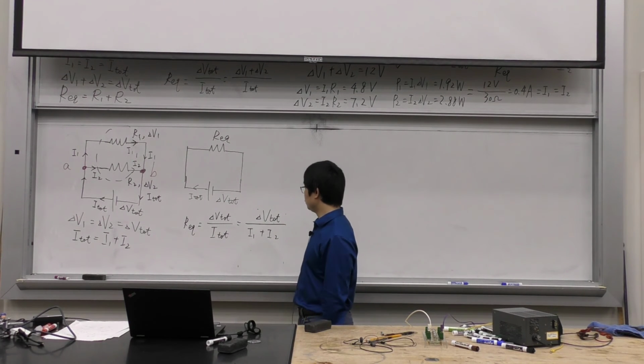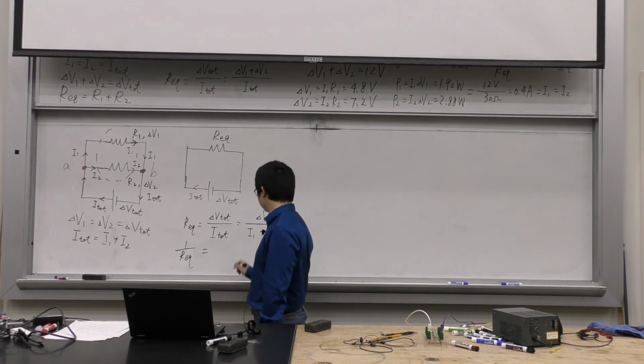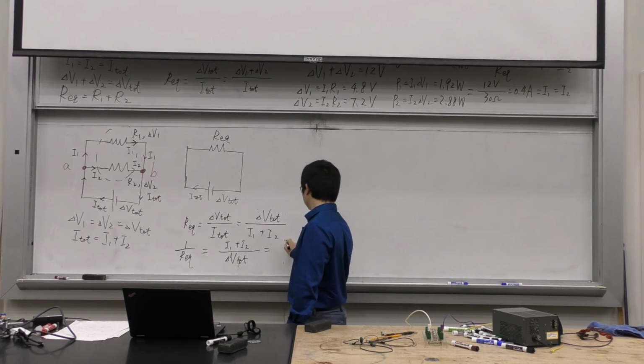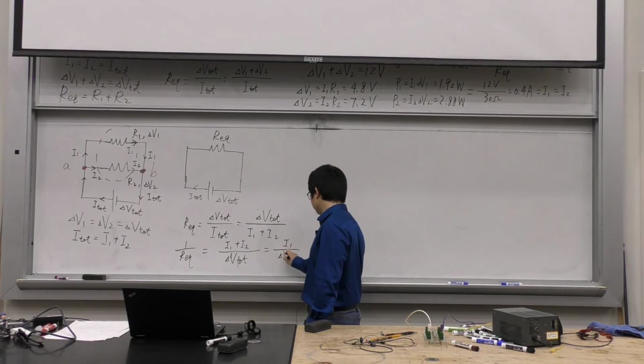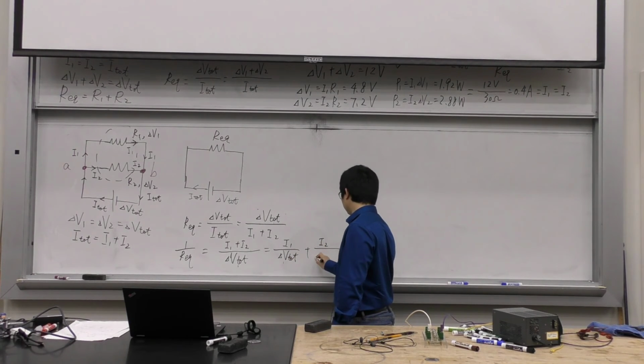All you need to do is take an inverse. Take an inverse of the REQ, and you will get I1 and I2 on the top and V total at the bottom. So now you can split up these two: I1 over V total plus I2 over V total.